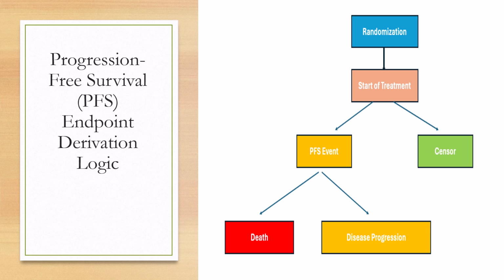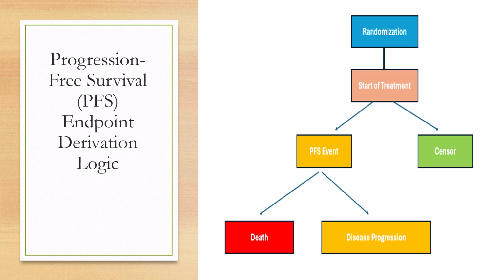The second step is to understand what progression-free survival refers to. In this case, we should understand what progression and death mean. If there is a progression event, that means the disease has progressed or the tumor has grown and spread, and whether the tumor has spread or grown can be defined using the RECIST guideline.